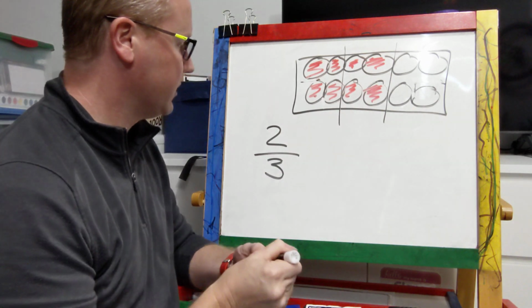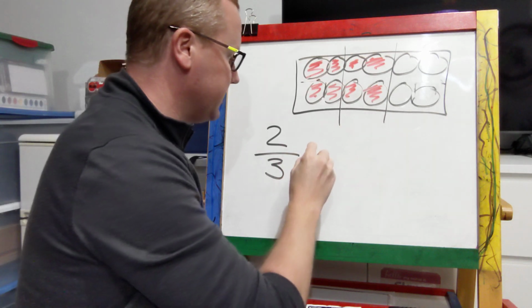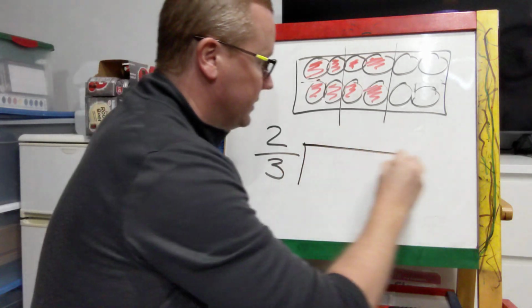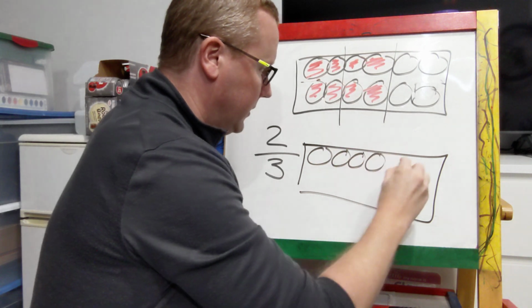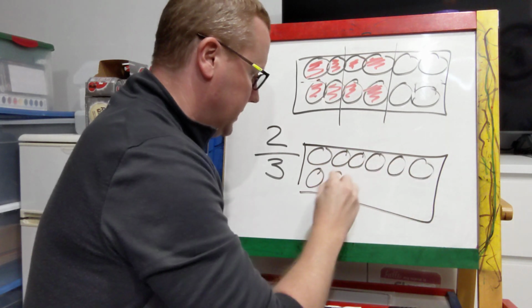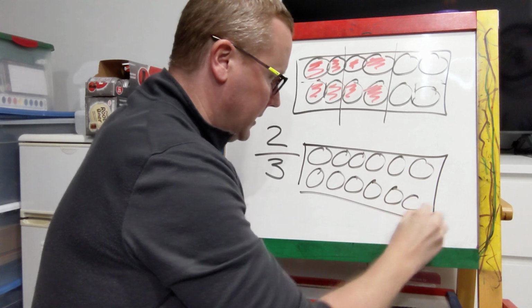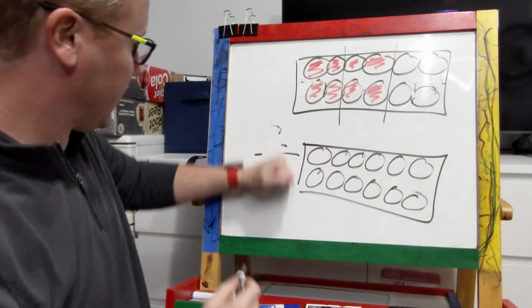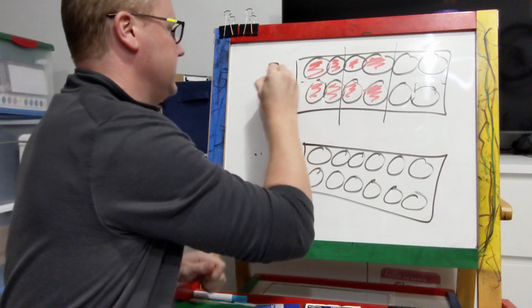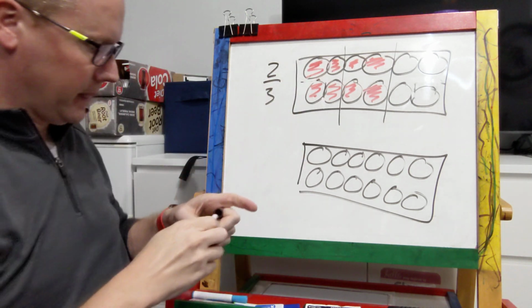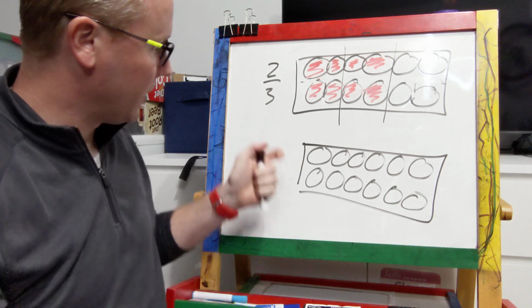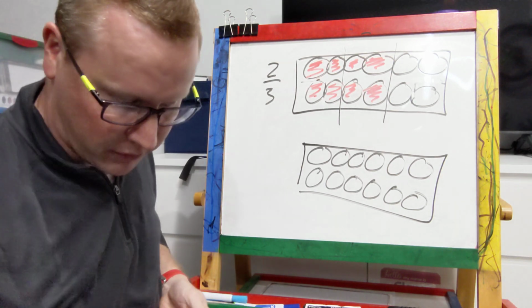Let's say I'm going to draw it real quick. We want to compare 2/3 to another fraction. So I'm going to draw this out real quick. And we're going to compare. I'm going to draw this up here because this is 2/3. And we want to do 8/12.